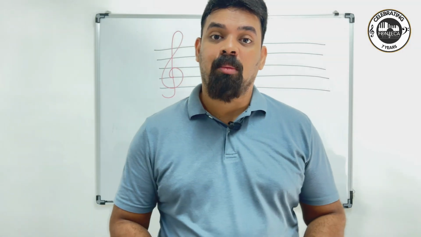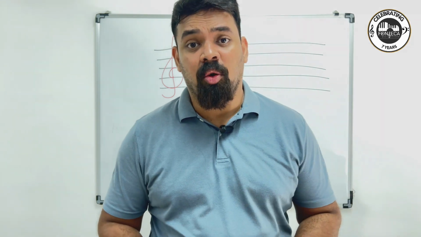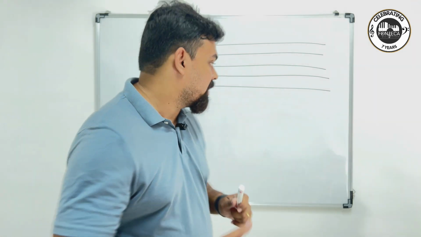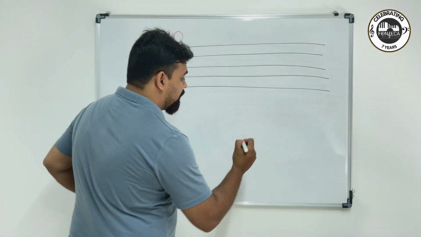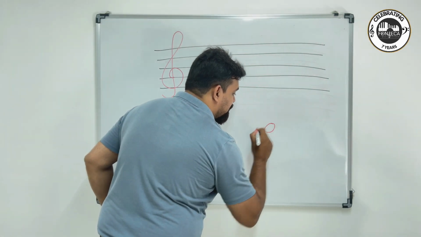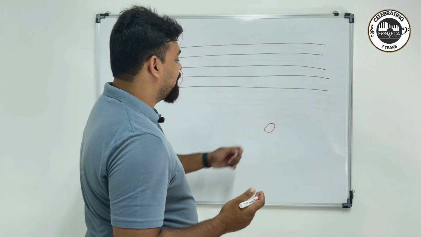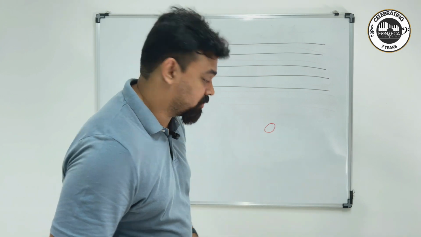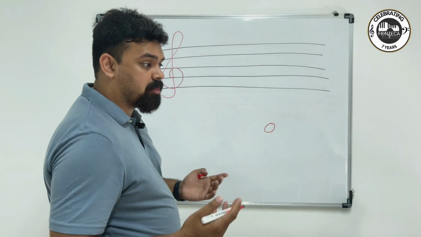Now, since we have learnt about the treble clef, let's practice drawing some notes on it and drawing the correct notes on it. Since we have learnt how to draw a semi-breve in the middle of the video, we'll be drawing the semi-breve at the required places where we want to place our notes. So let's take some random notes.